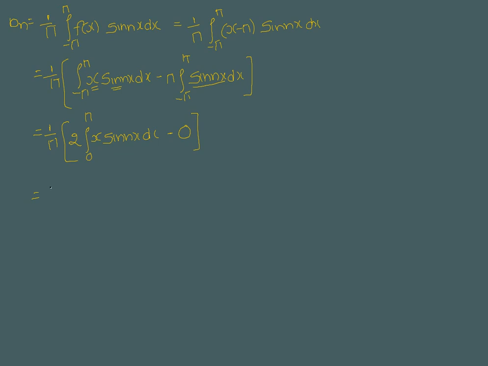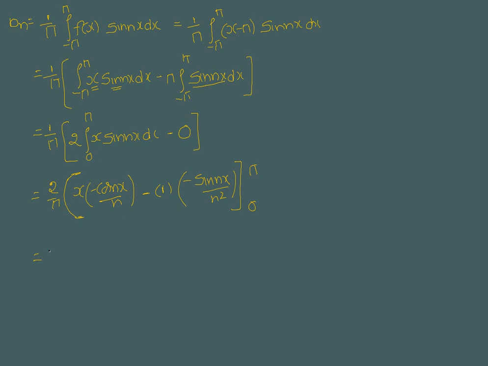Therefore that is equal to 2 by pi times the integral of x sin nx. Using integration by parts: x times the integral of sin nx, which is minus cos nx by n, minus the derivative of x, which is 1, times the integral of that, which is minus sin nx by n square, between the limits 0 to pi.